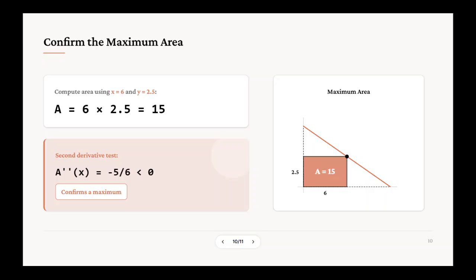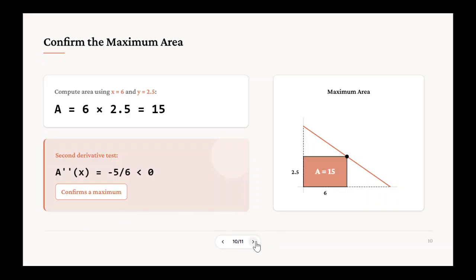And because this value is negative, it tells us that our function is concave down, like a frown, at every single point on the graph. In calculus, if your first derivative is 0 and your second derivative is negative, you have mathematically guaranteed a local maximum.